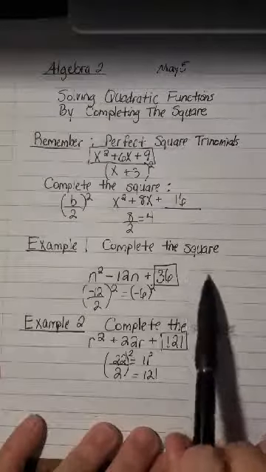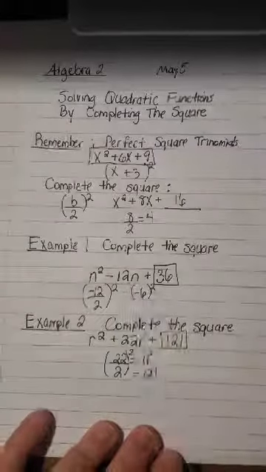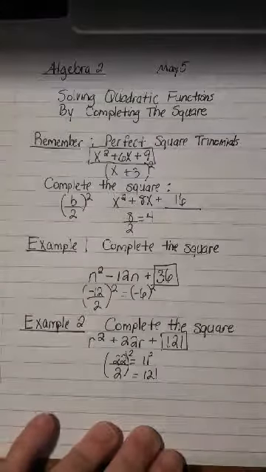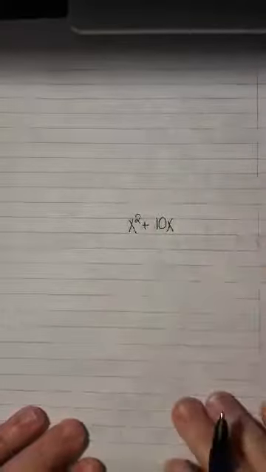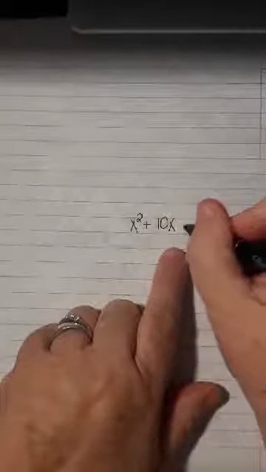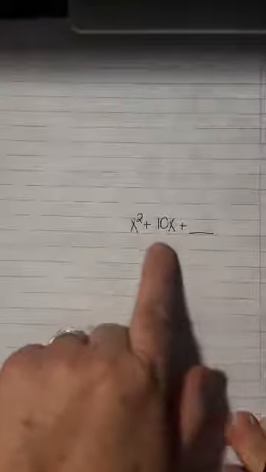On example 1, let me just find something to write down what we're doing, because I don't know when it was unfocused. You're going to have x squared, and you're going to have some middle term, let's just say 10x. And then you're going to have to tell what this last number has to be to make this a perfect square trinomial.